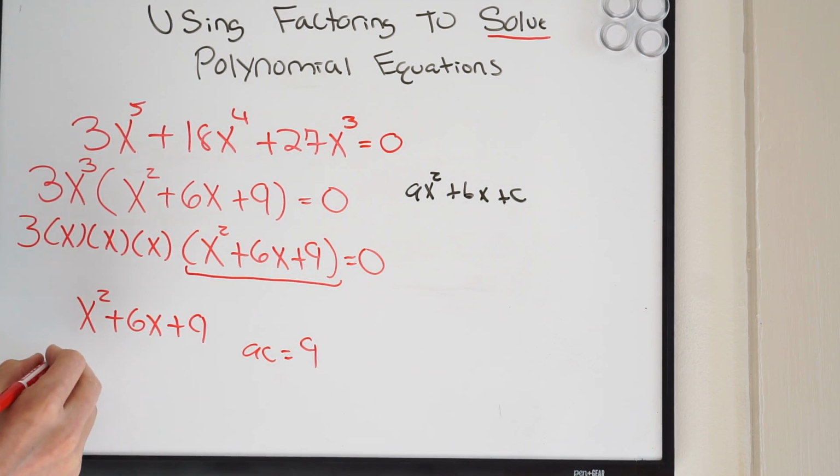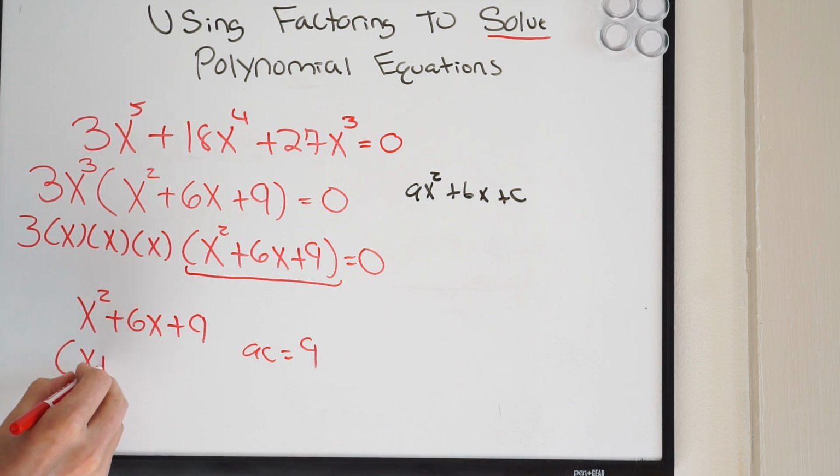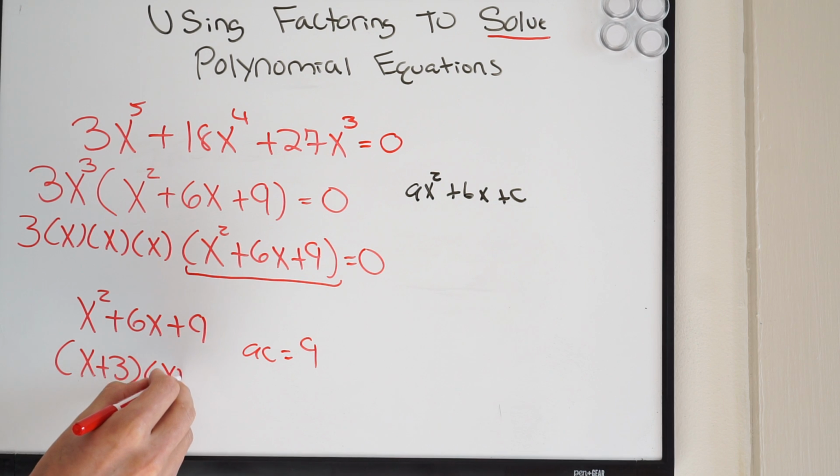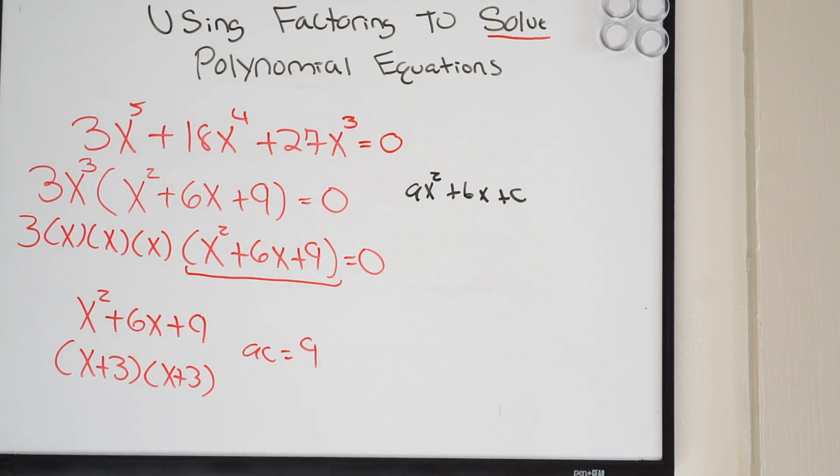So we can rewrite this as x plus 3 and x plus 3. I can put it right into factored form because my a value here is equal to 1. If my a value was not equal to 1, I would have to take this a step further and do factoring by grouping. I would have to rewrite the quadratic out and group it. But in this case, the a value is 1, so we can put it right in the factored form.